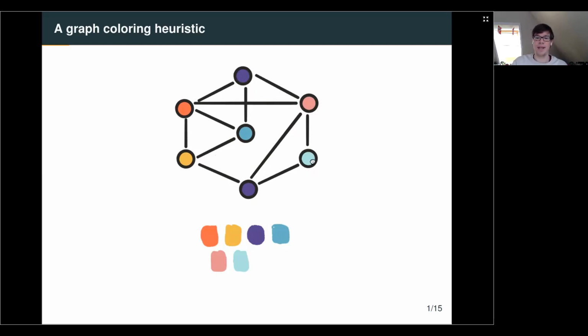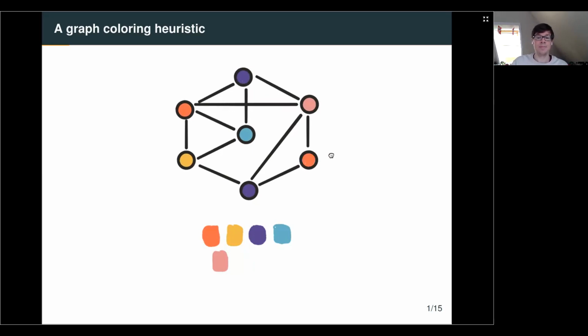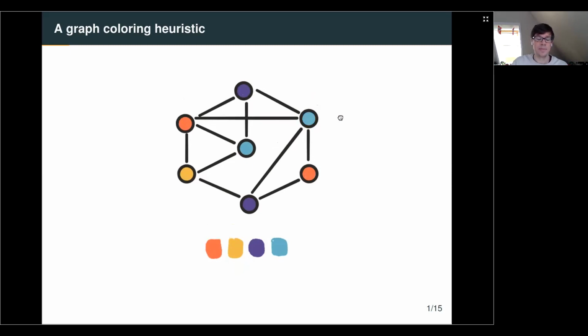Similarly, we can recolor this vertex that has color light blue with color red, and we still maintain a proper coloring. Also for this pink vertex. So now we're down to these 4 colors, and let's try to remove color blue.